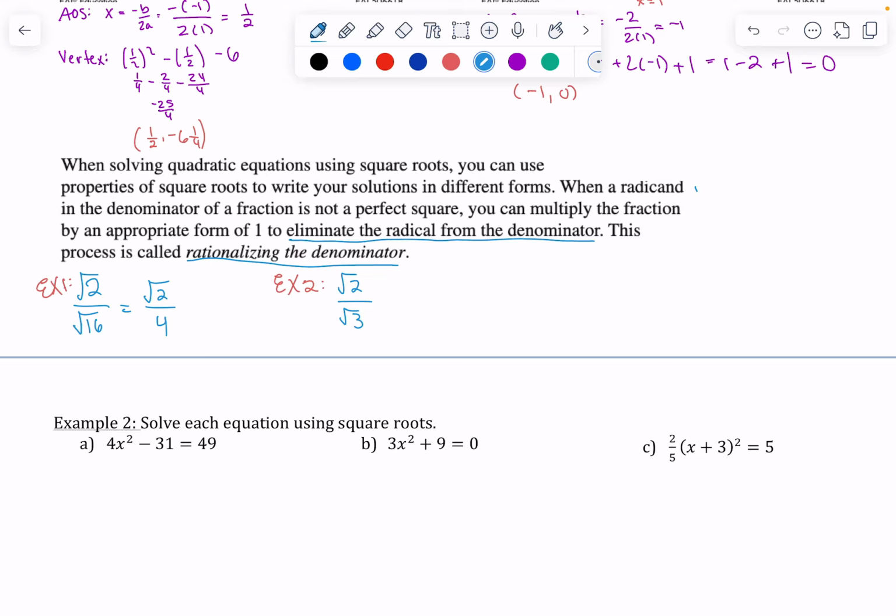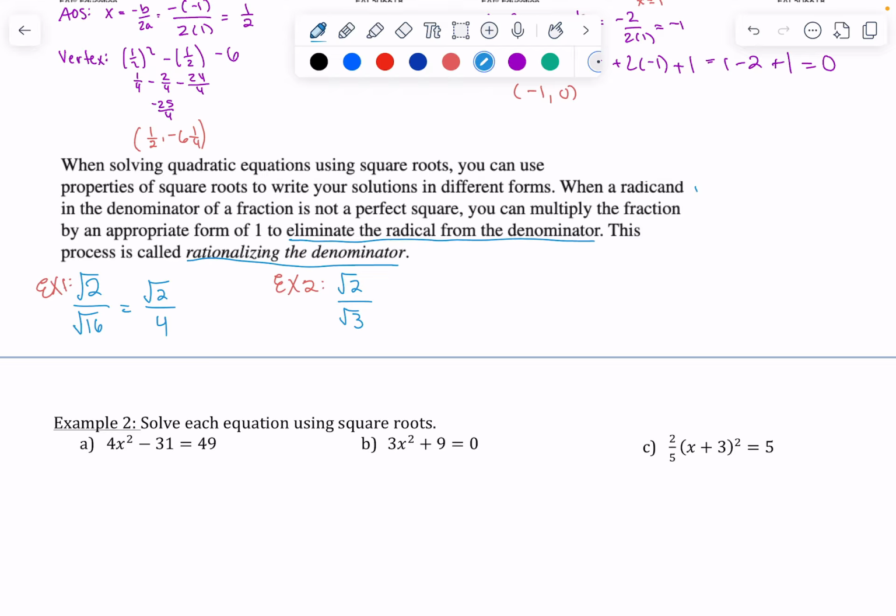So I can do that not by getting a completely different fraction, but just by rewriting it in an equivalent form. Just like in the same way that 1/2 equals 2/4, I can rewrite this by multiplying the top and bottom of the fraction by some number, okay? Now, if I want to get rid of the radical in the denominator, I need to make it a perfect square, so a number squared.